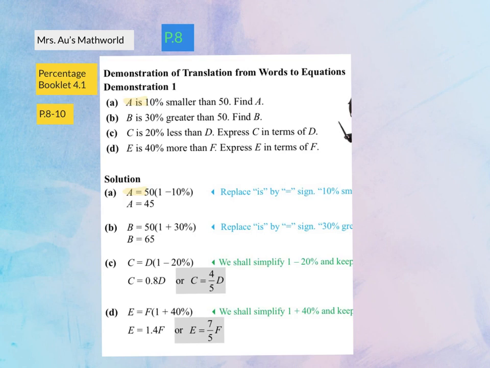Then we have the equal sign, and the important point is we need a way to find the equation for 10% smaller than 50. So 50 goes first, and then it says 10% smaller than. 1 means the whole thing, 1 means 100% means whole.